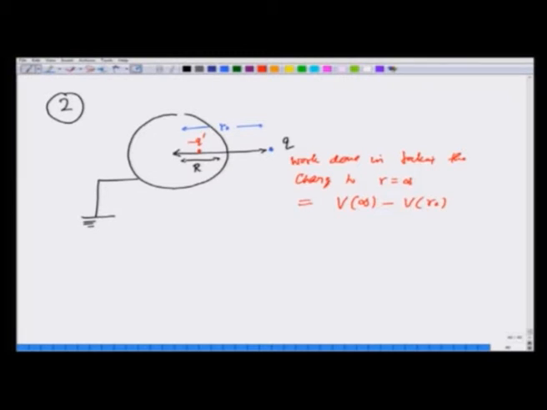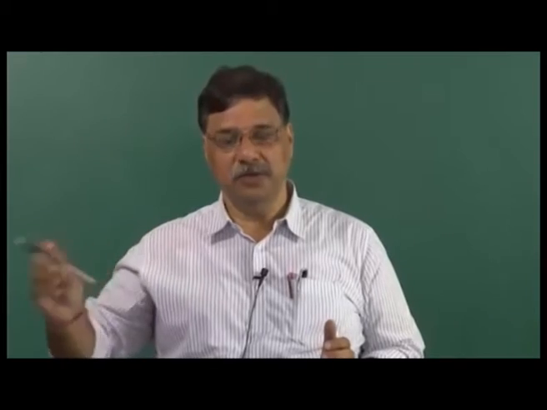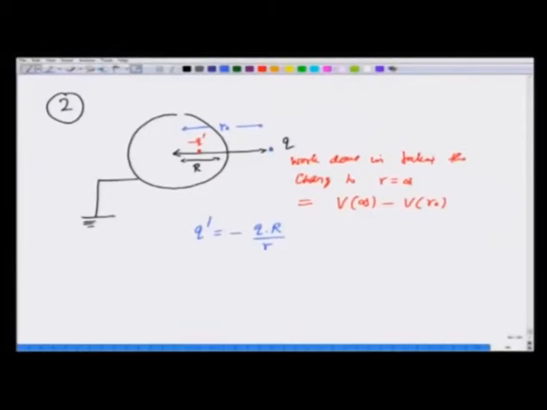How do I calculate the work done? I will calculate it by calculating the force on this charge. The force on this charge arises from the image charge q prime, which is equal to minus q R over r, if its distance is r. Notice that I am taking the distance to be r because I will be moving the charge from r naught to infinity, and q prime is at a distance d which is equal to R square over r.